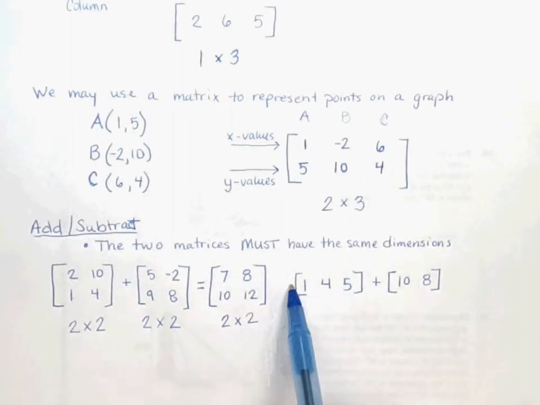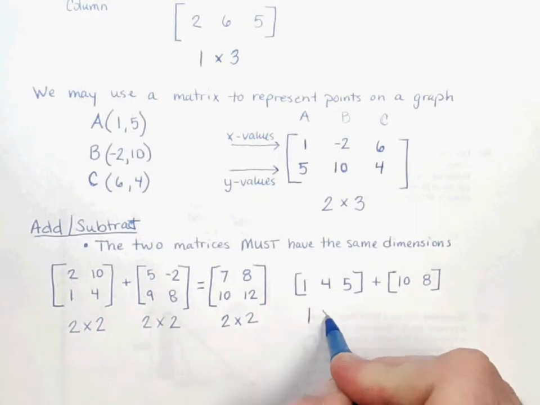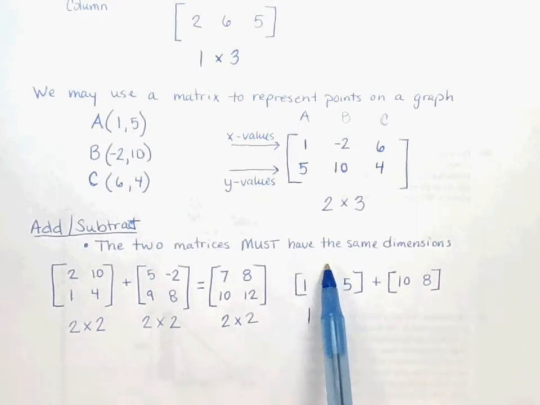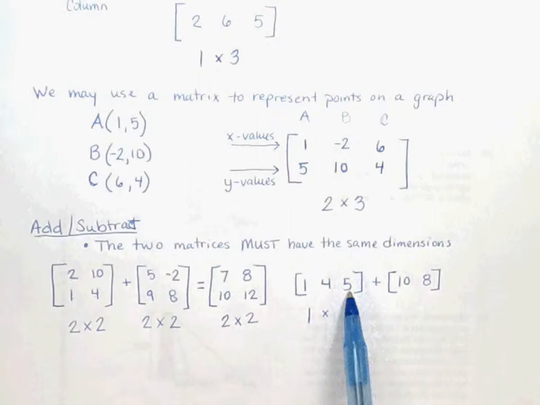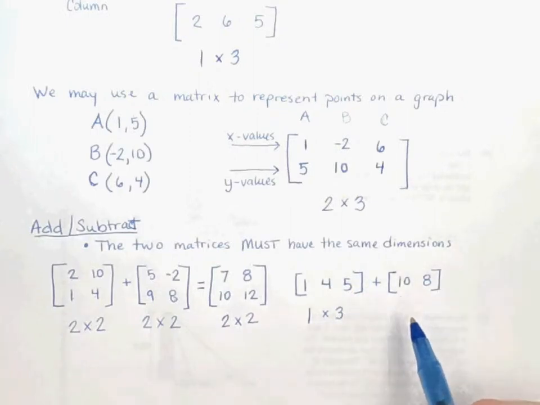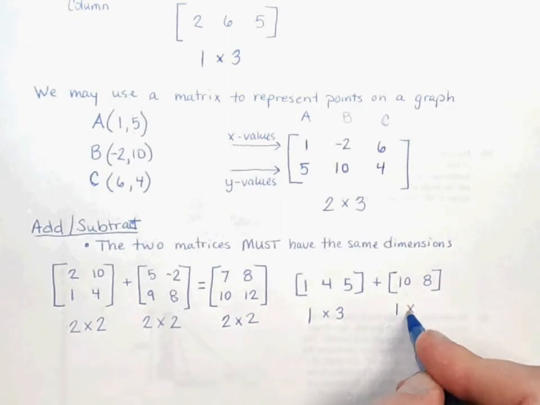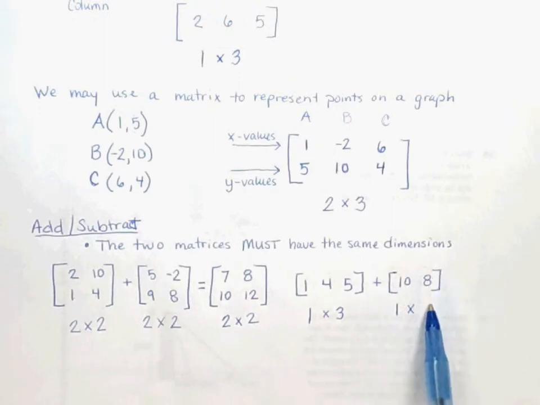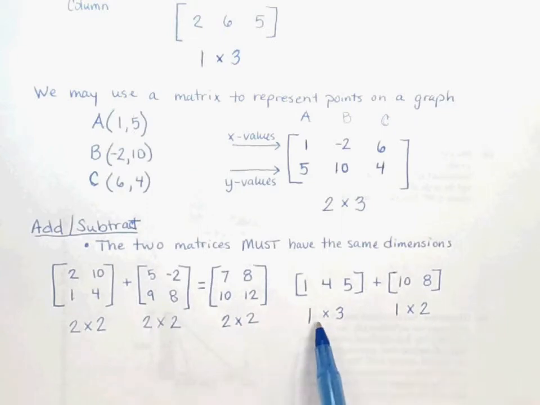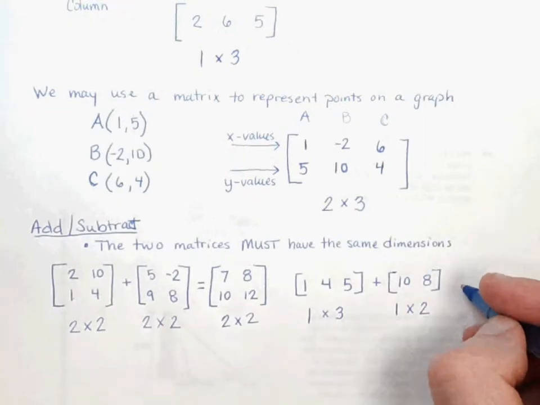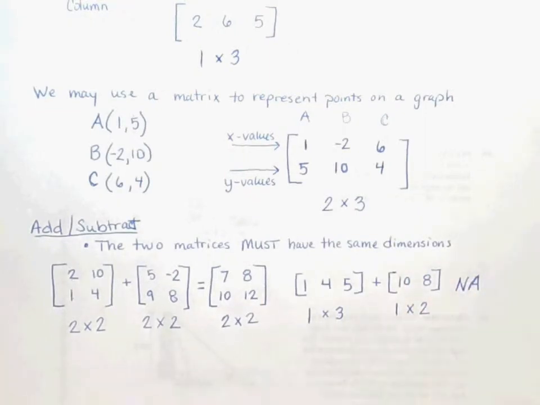Well, this one has 1 row and 3 columns. So that's a 1 by 3. This matrix here has 1 row and 2 columns. Are these the same? No, this is a 1 by 3 and this is a 1 by 2. So we can't do this one, so we're just going to put NA next to this.